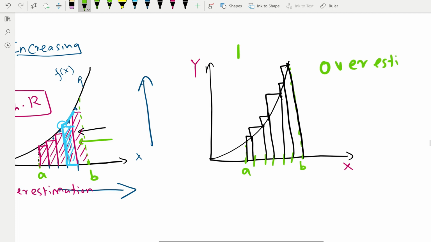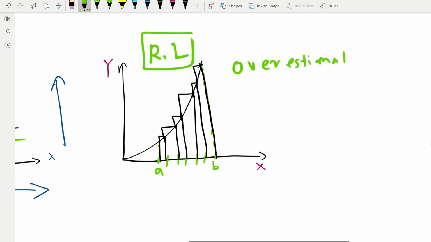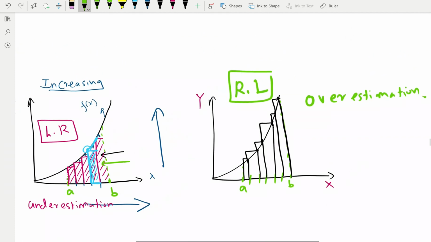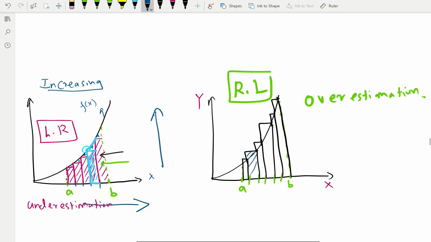This is from the right endpoint rule, so let's write R.L. For an increasing function, the rectangles cover an area that exceeds the actual area. It goes above the curve.